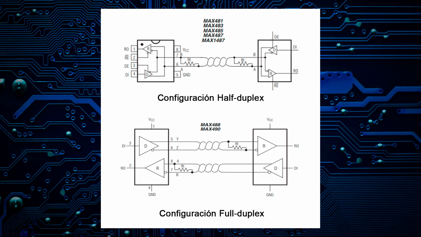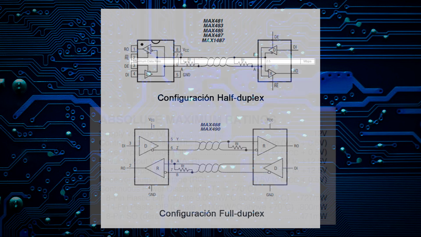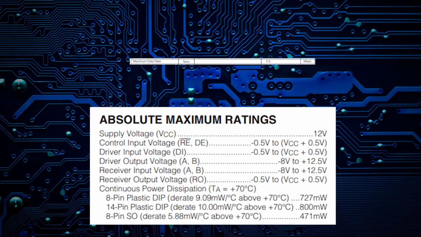What characteristics do we have in the integrated circuit? Superficially, we see that the data rate is up to 2.5 megabits per second, which is approximately 312.5 kilobytes per second. It can operate from 5 volts to 12 volts. It requires a 27 ohm load and has short circuit protection for 250 milliamps to avoid damage.